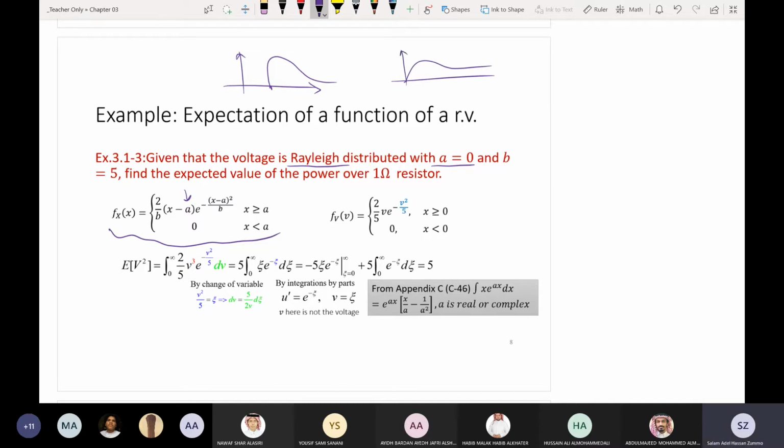This is the f x of x, or the PDF of the random variable, and b equals 5.